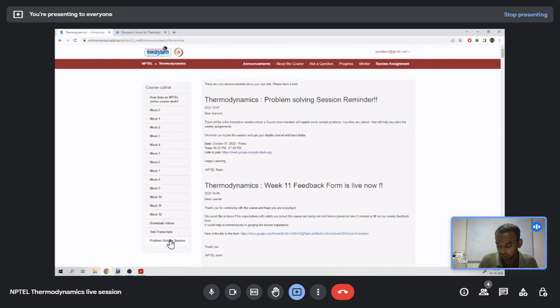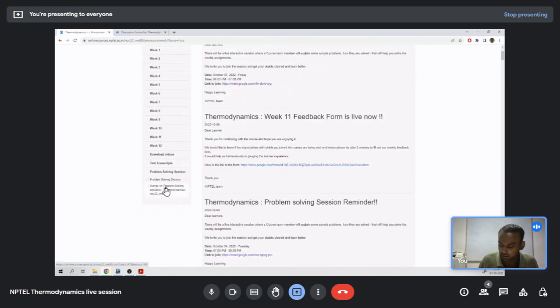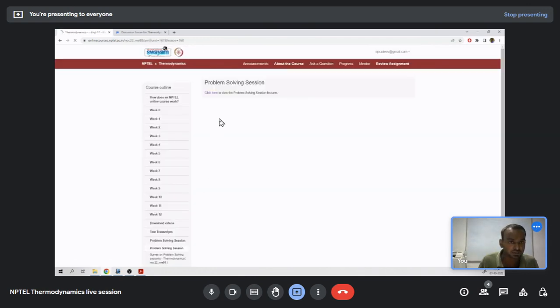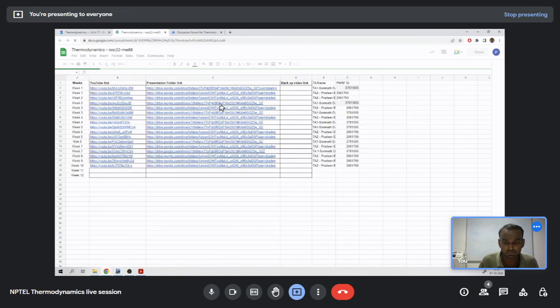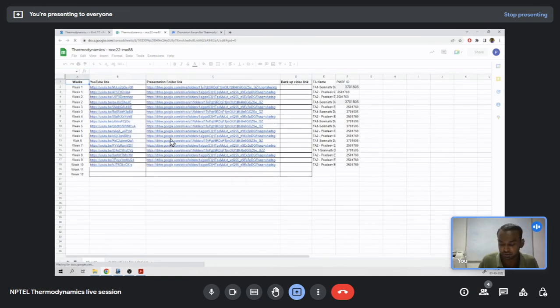And for the problem solving videos, you have to click on the problem solving session on the left side, and again this problem solving session here, and there will be a link to a Google document. So these are the links of the different week problem solving sessions.